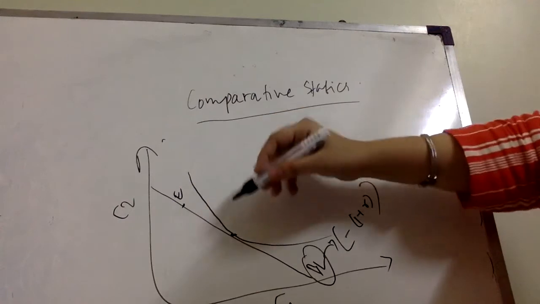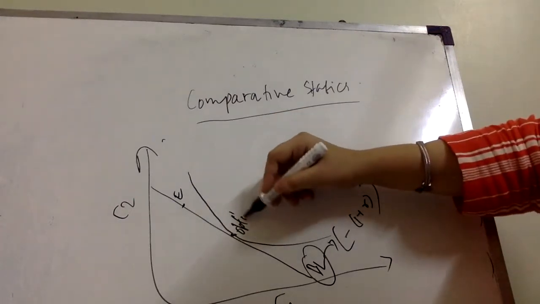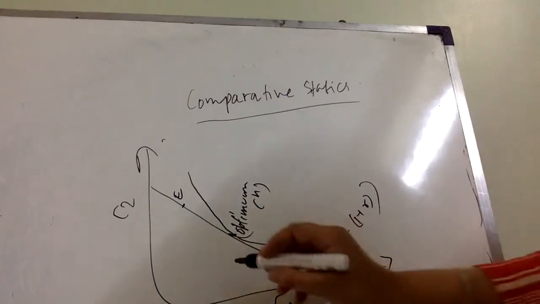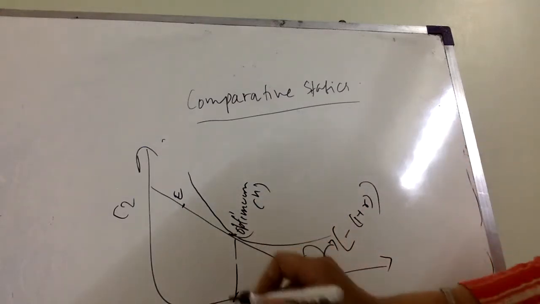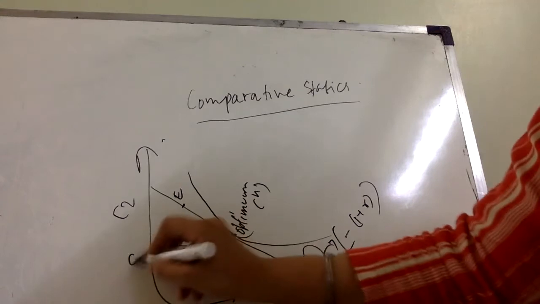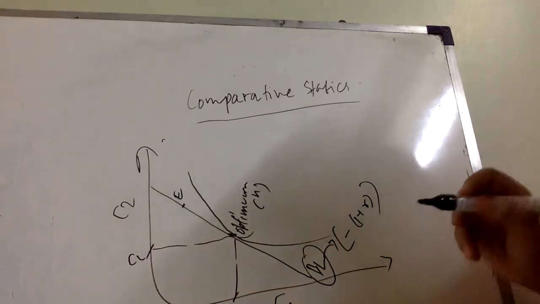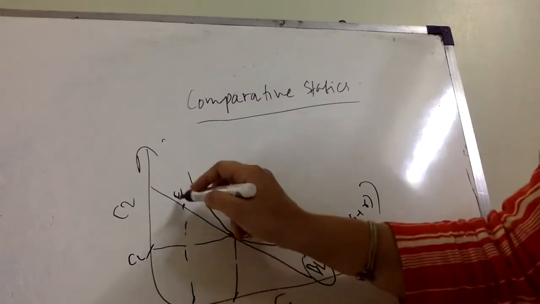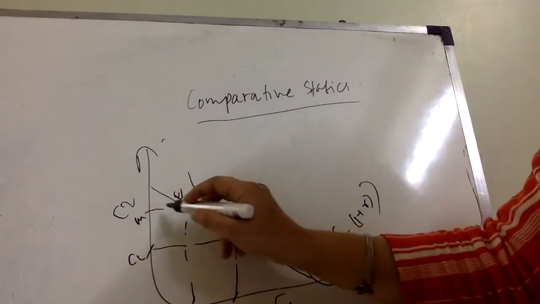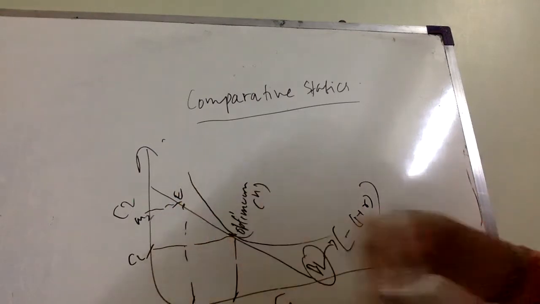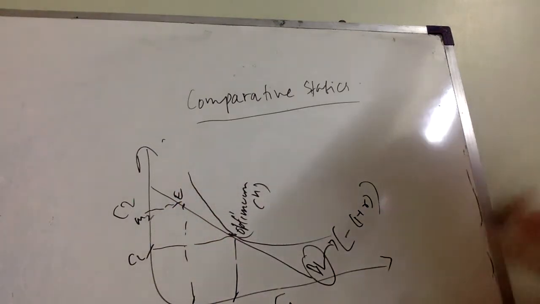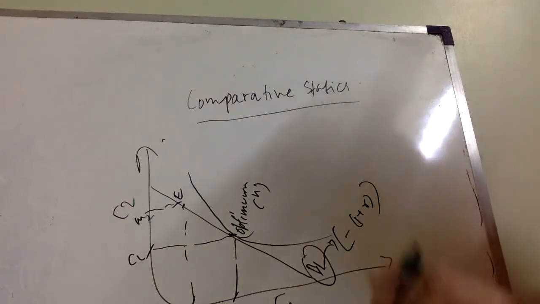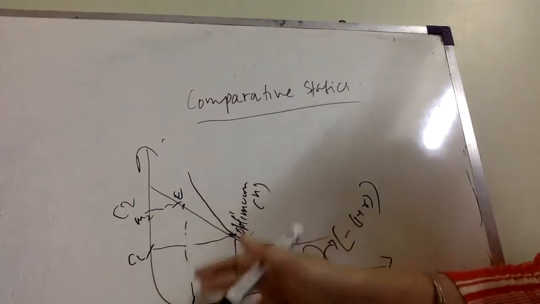Suppose this is my point of optimum consumption, with this C1 and this C2. The endowment reflects my point of income. I'm just consuming my income, at my endowment, not trading in the market, not borrowing or supplying anything.